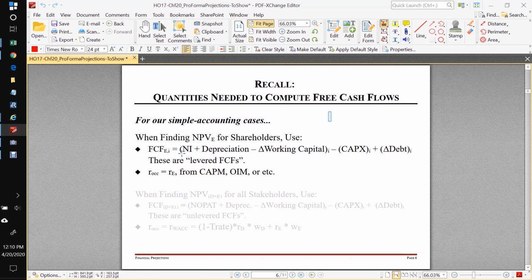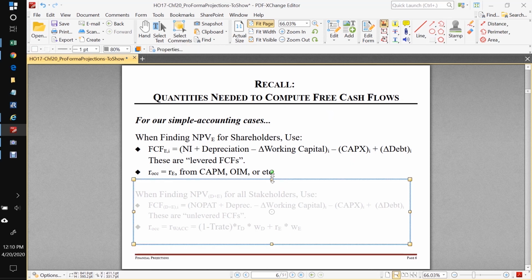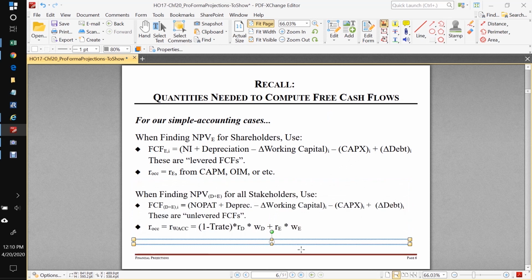But usually, of course, companies are going to be growing, things are going to be changing. And to get all these quantities, we have to project forward our financial statements. Changes in working capital are going to come from projecting balance sheets. Changes in net income are going to come from projecting our income statements, and CapEx comes from our cash flow statement, et cetera, et cetera. And similarly, if we are valuing an entity to all stakeholders, we have something very similar going on.